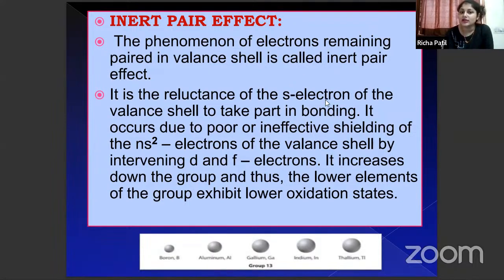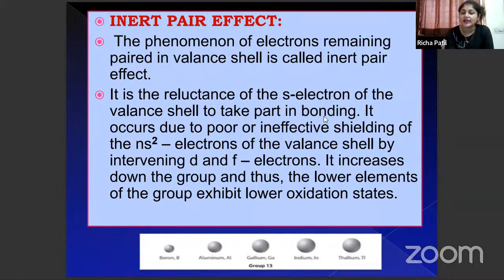It occurs due to the poor or ineffective shielding of the ns2 electrons of the valence shell by intervening d and f electrons. It increases down the group, and the lower elements of the group exhibit lower oxidation states. So the inert pair effect is due to the electrons remaining paired in the valence shell.